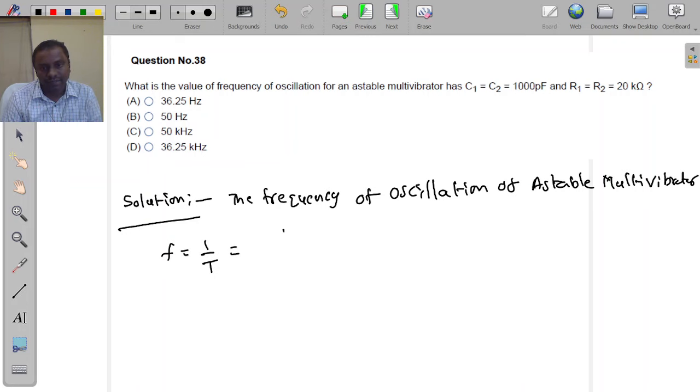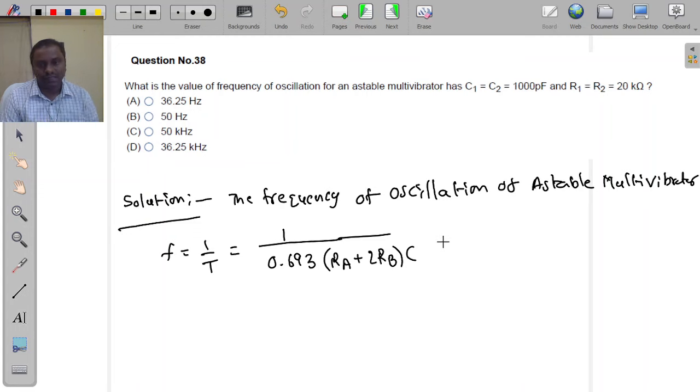So 1 by time period is 1 divided by 0.693 times RA plus twice RB into C. In this case RA equal to RB, that is R1 equal to R2 equal to R. So in this case it will become 1 divided by 0.693 into 3RC.